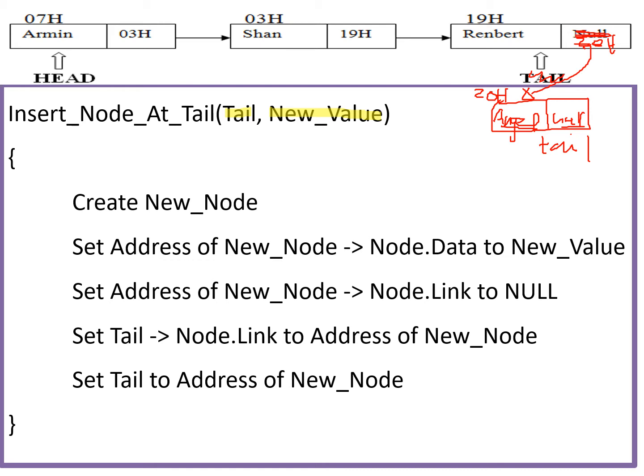So, you don't need to traverse from head down to tail, because you could simply determine the address of the tail. When we say tail, it is the last element of the linked list. So tail now is 19h.